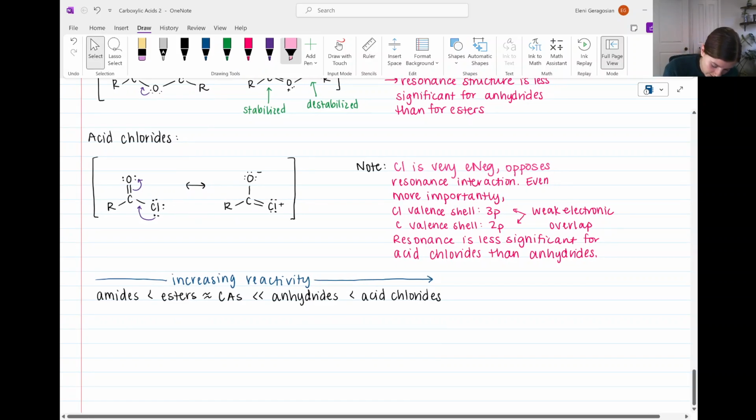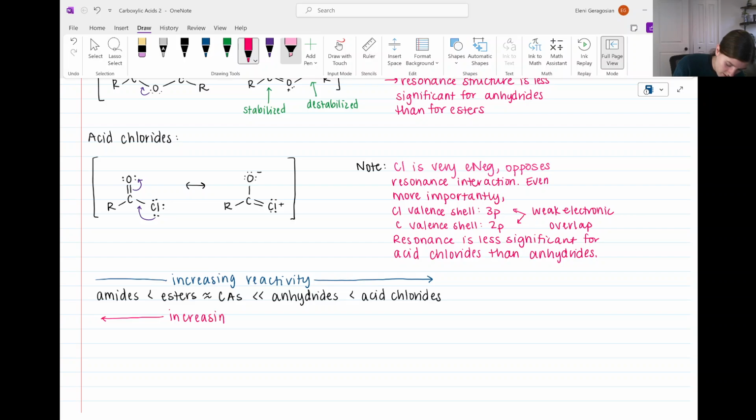So we can say, now going in this direction, we have increasing resonance stabilization of the starting carbonyl compound.